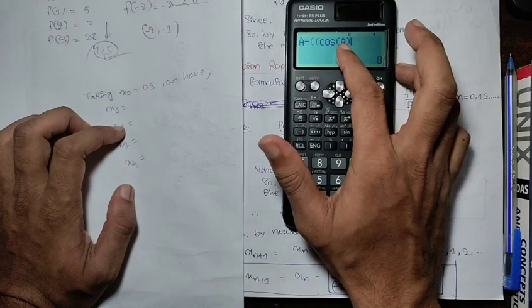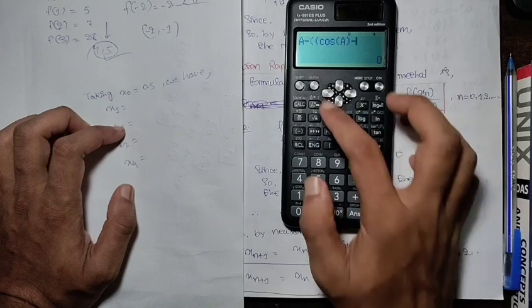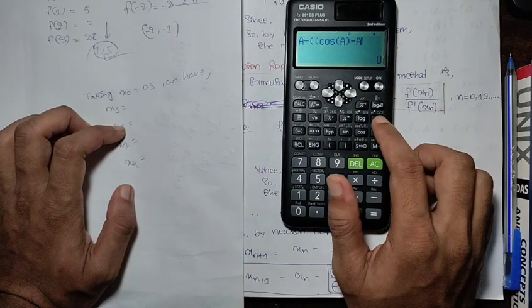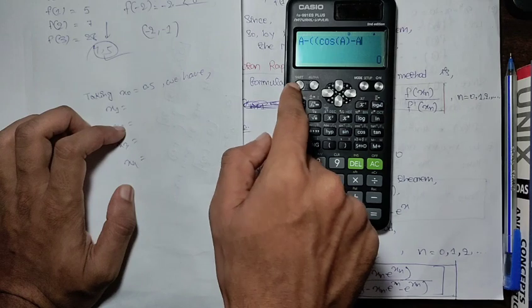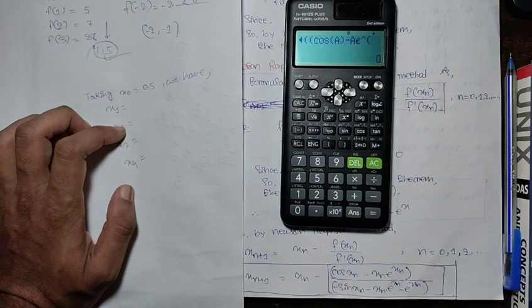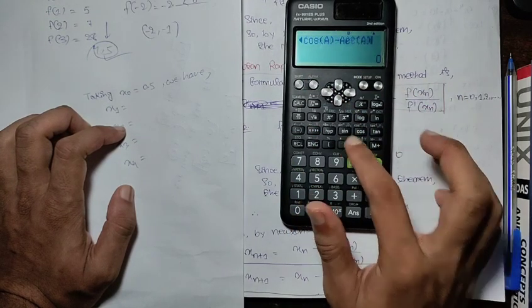That means cos xn, then put a minus here, then again xn, alpha a, then e to the power xn. For exponential, this is in yellow color, so press Shift, which is in yellow color, Shift e to the power xn, that means alpha a. So put a bracket here.